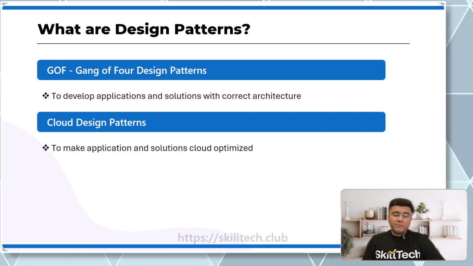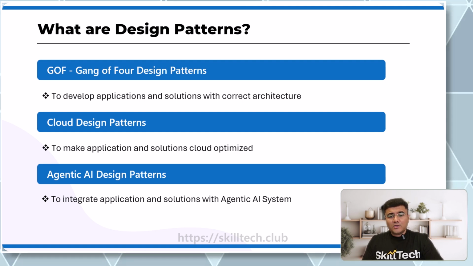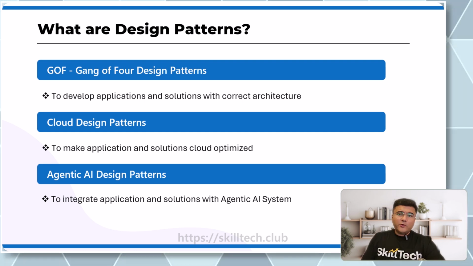The newest member in this particular design pattern scenario is actually Agentic AI Design Patterns. These design patterns are helping you to integrate your application and solutions with agentic AI systems. Basically, think about this. You have already developed your application. You have maybe hosted it on cloud or maybe on-premise.